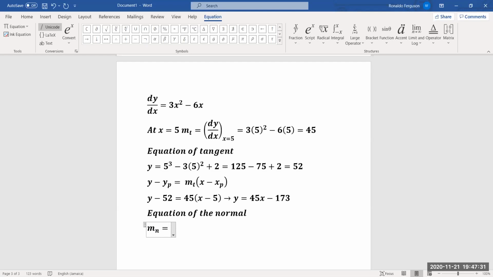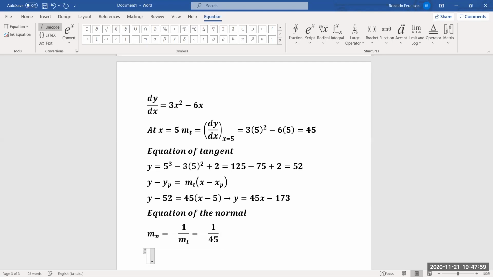The gradient of the normal is minus 1 over the gradient of the tangent, which is 45. So what's the gradient of the normal? Negative 1 over 45. All right, so that's the gradient of the normal.